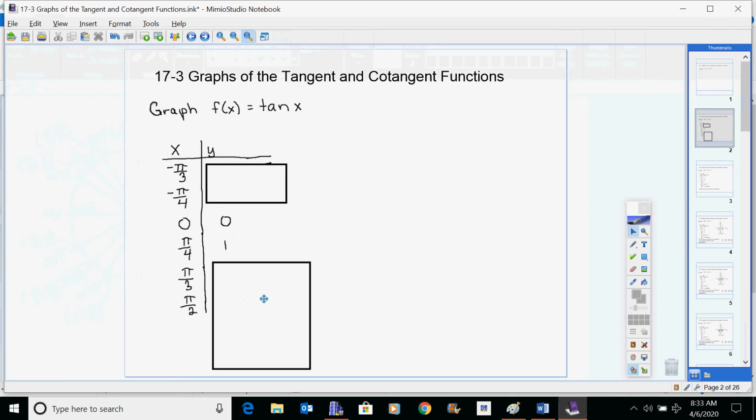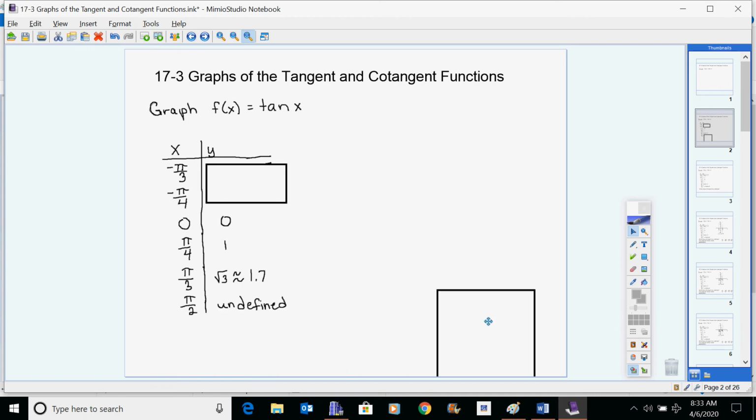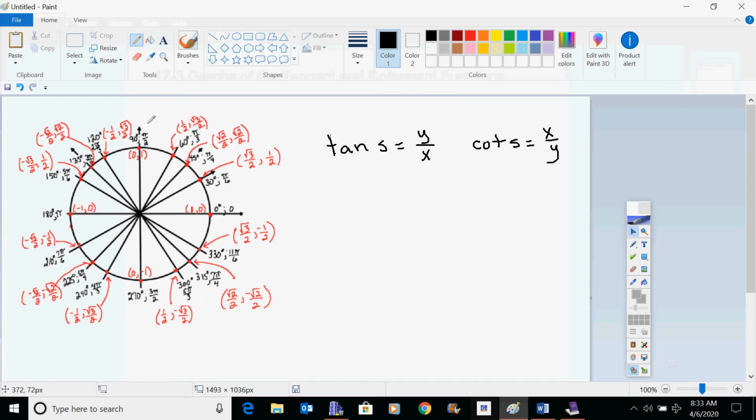And so what we find out is that at square root of 3, we get 1.7, which is at pi over 3. Pi over 2 is a whole different thing, as I said, and that's where we get our undefined value, because y over x, number over 0, gives you undefined.